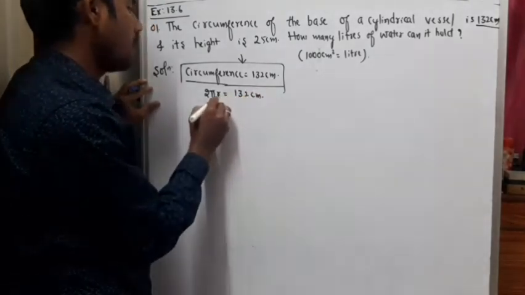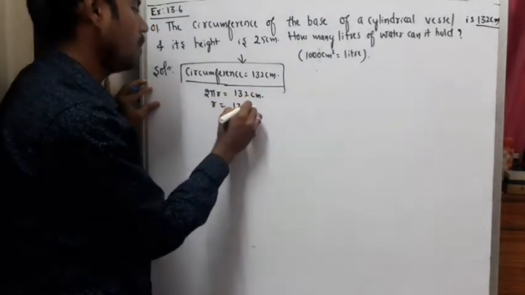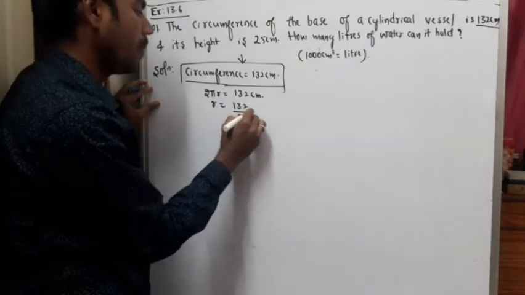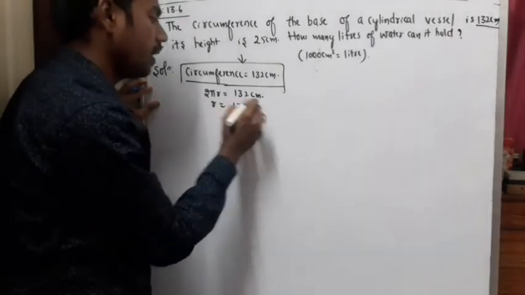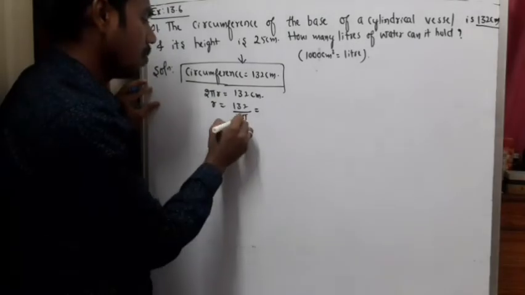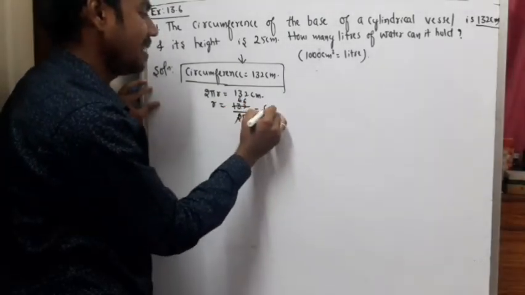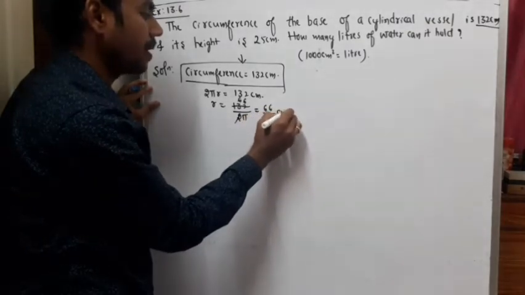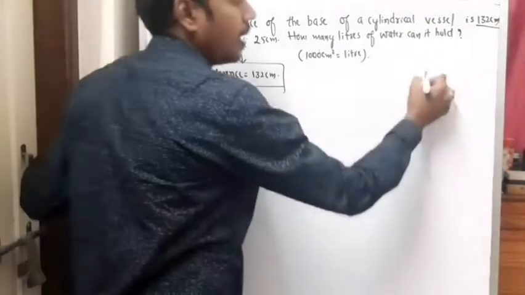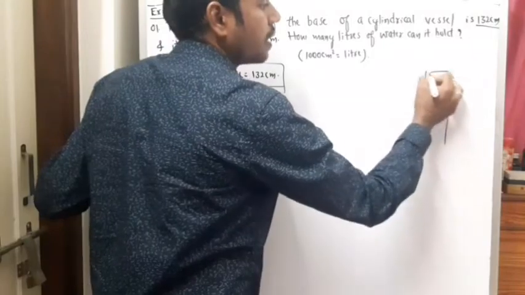Or else r is equal to 132 divided by 2 pi. Or else we can call it, 2 1s are 2, 2 6s are 12, so 66 divided by pi centimeter.